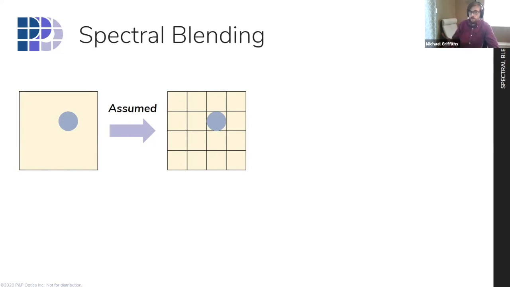Now, in a perfect world, each pixel of the sensor would be seeing one material and one material only. So in the case of foreign material detection, the sensor sees meat everywhere other than where there's an object, and then that pixel only sees the plastic, thereby getting a perfect spectra for both materials, very easy to contrast the difference.